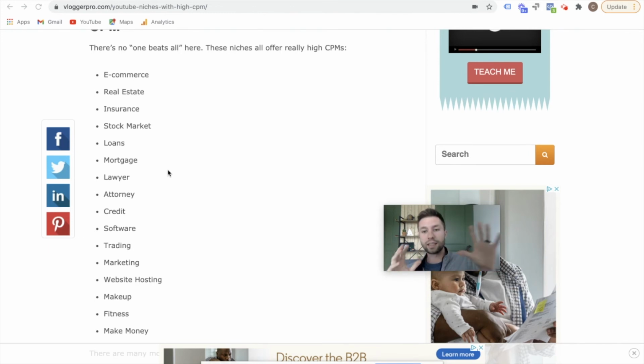Now, if you take this data and flip the side on why these YouTubers get paid the most, it's because there are more advertisers bidding on the ad spaces on their videos. So if you had an e-commerce channel, chances are you have more people bidding on your ad space, which means if you're an advertiser, you are paying more for those.